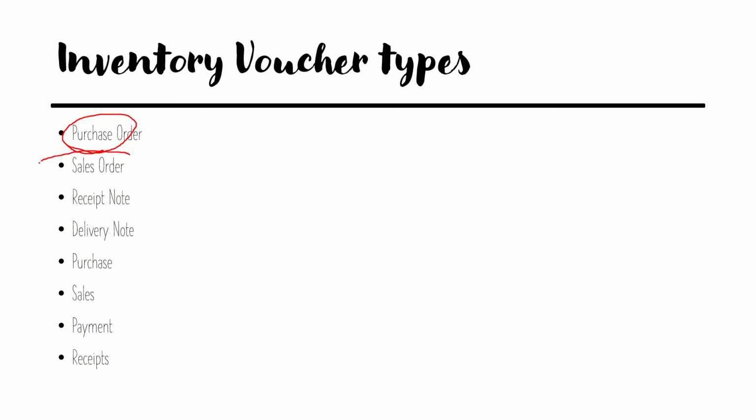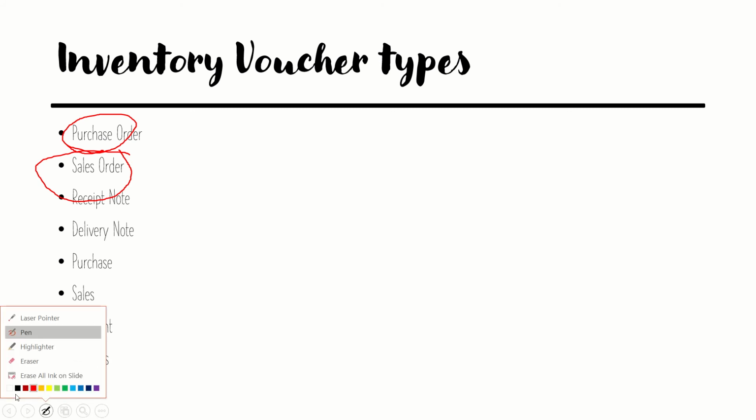This purchase order is not a purely inventory voucher. The other one is the sales order. This is the order you receive from the customer. And what is the receipt note? The receipt note is used when you receive material from the supplier.